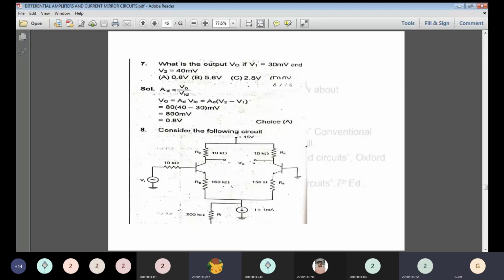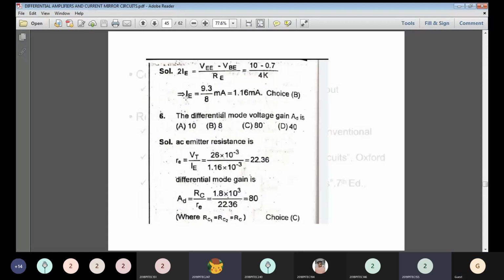AD is equal to output divided by input, but the output voltage is not mentioned in the question, and we are also supposed to calculate that one.